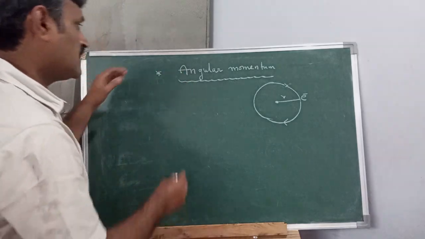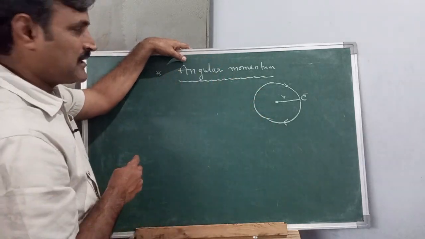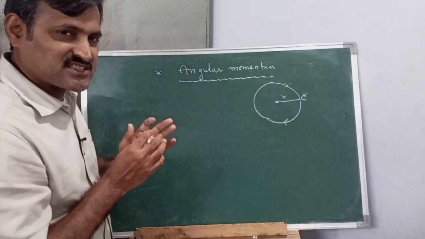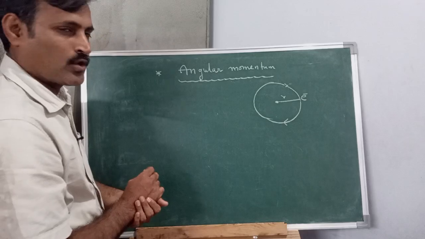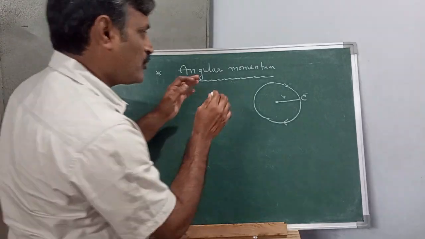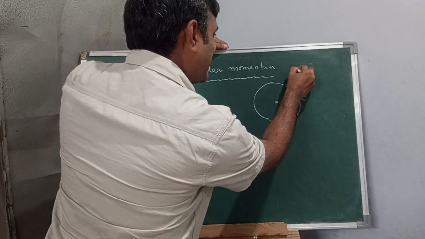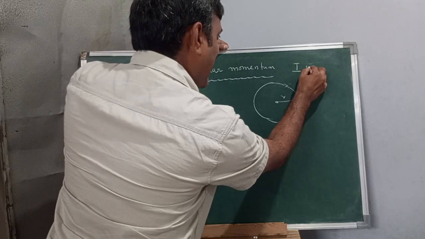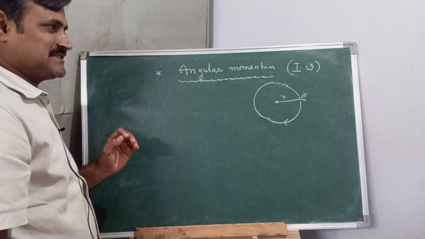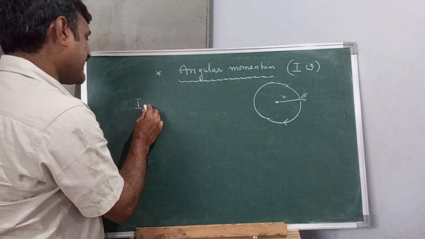For that, this electron is revolving, and it is a charged particle. According to Bohr's theory, it possesses an important concept of angular momentum. Angular momentum is the product of moment of inertia and angular velocity. What is moment of inertia?